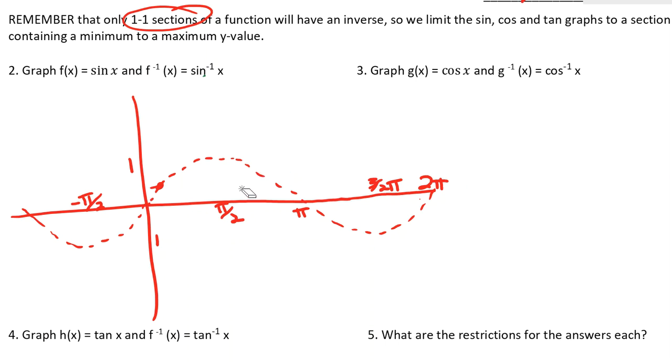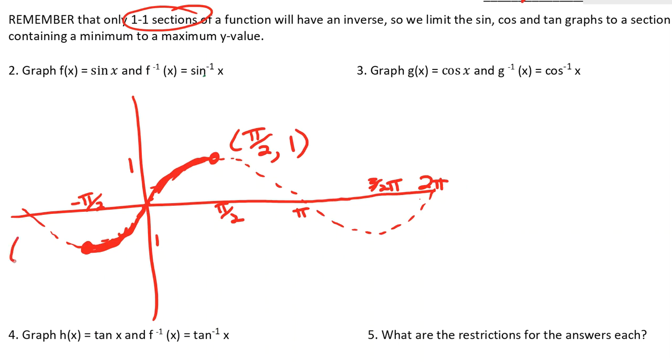So now what we're going to do is look at that sine wave and make sure we don't go through any hills or valleys. That's the way I always remember this: we want to stop from a minimum to a maximum. If we went any farther than that, it would fail the horizontal line test. So this endpoint is at pi over 2, 1.